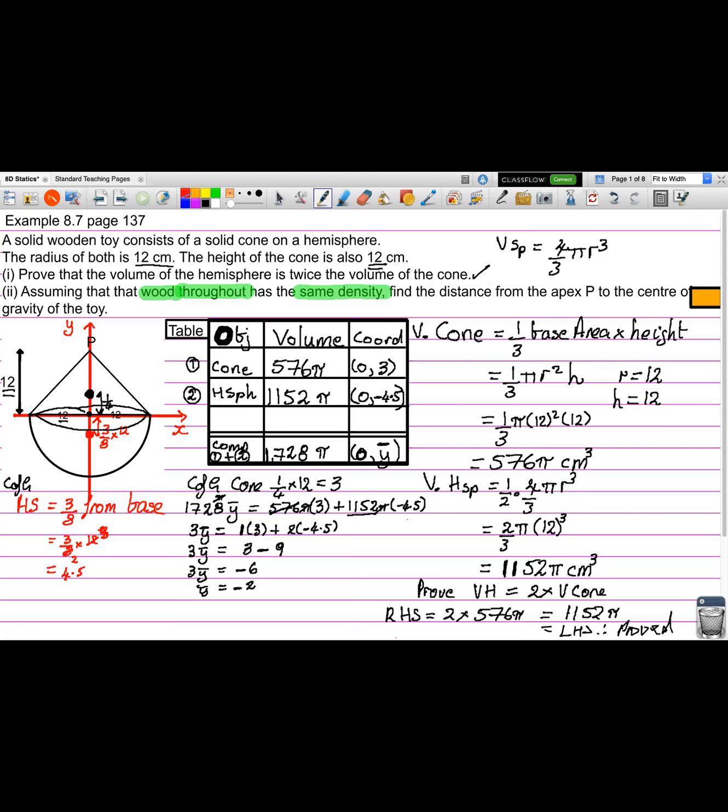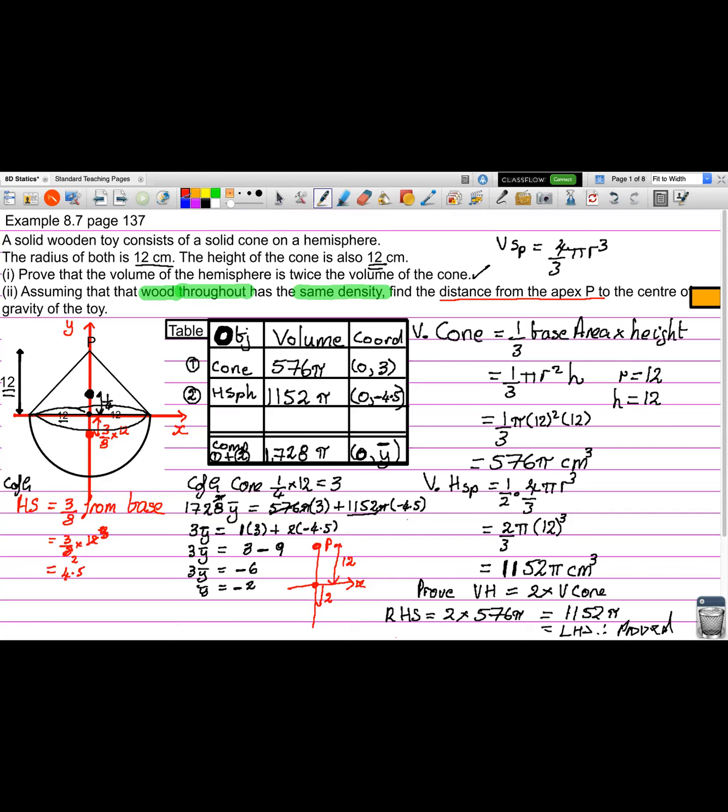So what's the value thereafter? Because if you read the question very, very carefully, it makes it very clear that they want the distance from the apex P. So you've got to be really careful here, because what you've worked out is that the center of gravity is 2 below the x-axis, and P is up here, which is a distance 12 above the x-axis.